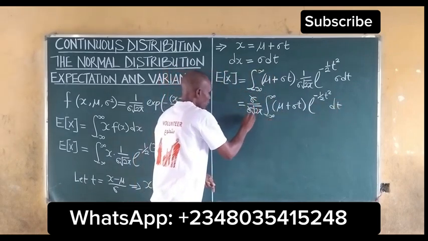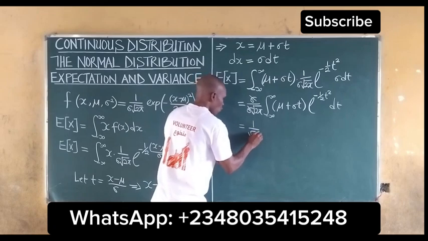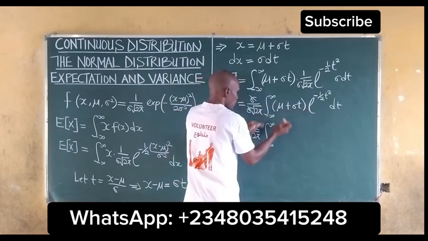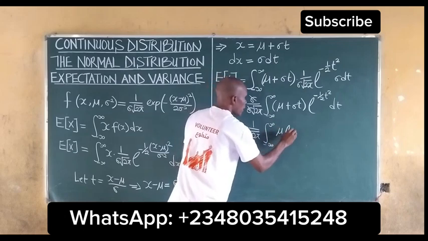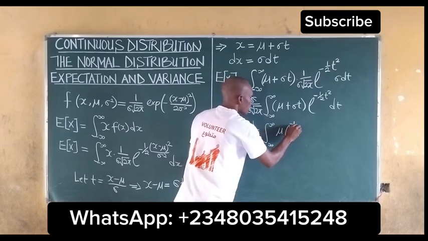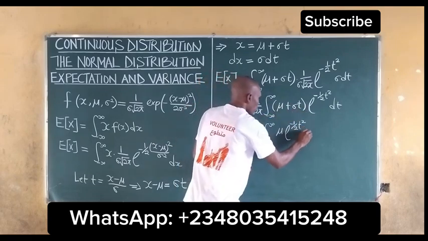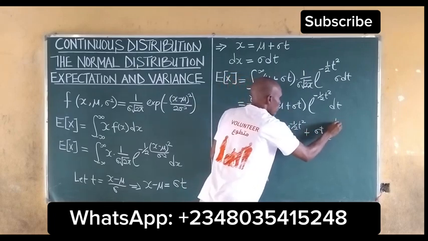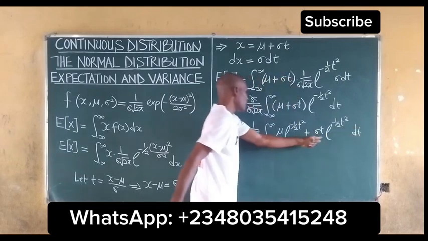Now we have 1 all over square root of 2 pi, integral negative infinity to infinity. This will multiply the whole of this to give us mu exponential negative 1 all over 2 t squared. We are also multiplying this by plus sigma t exponential negative 1 all over 2 t squared, then dt. Dt is acting on all of this.